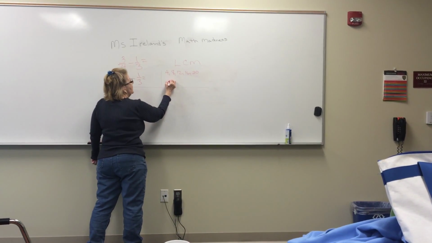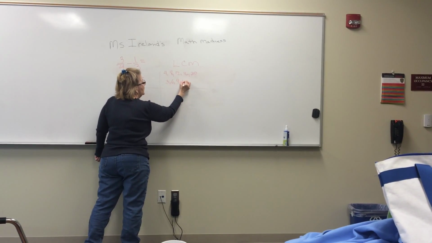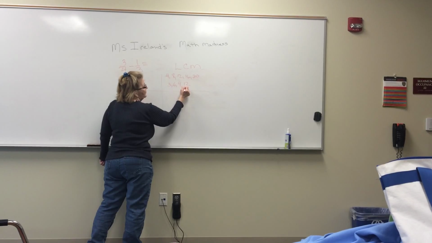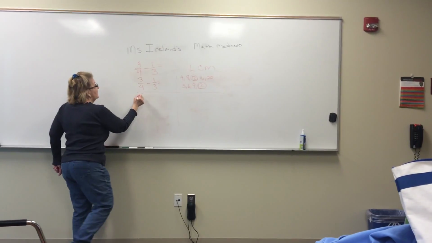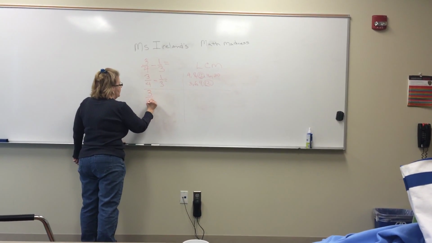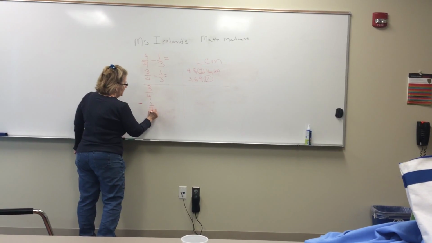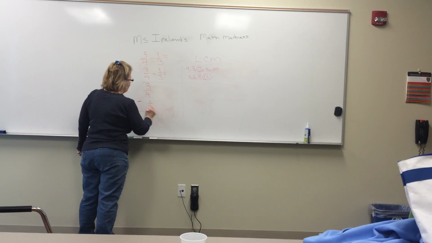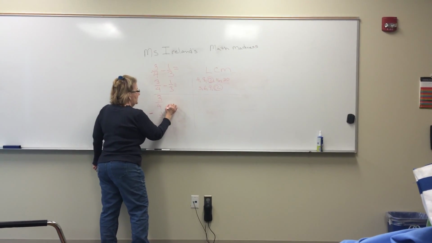Multiples of 3: 3, 6, 9, 12. Oh, we can stop right there. 12 and 12. Okay? So we have 3/4 minus 1/3 equals.